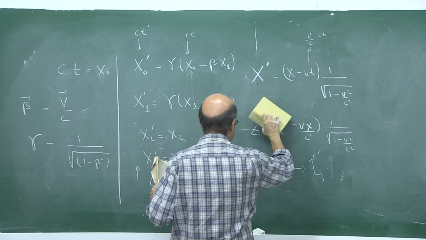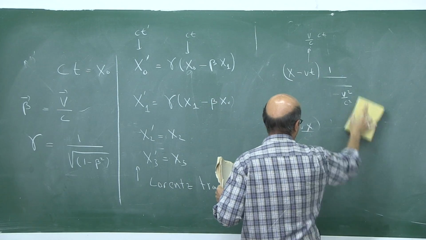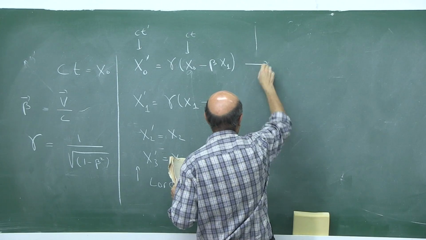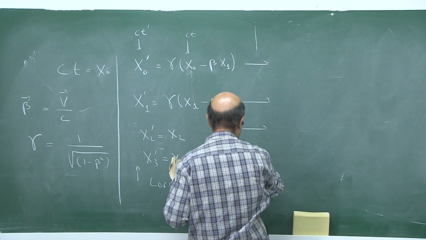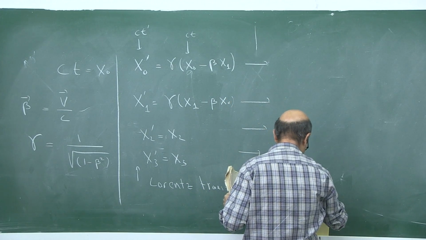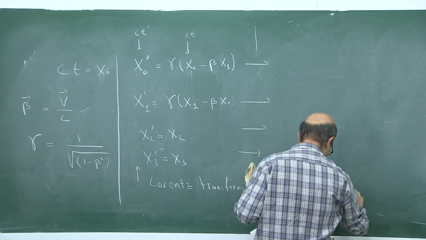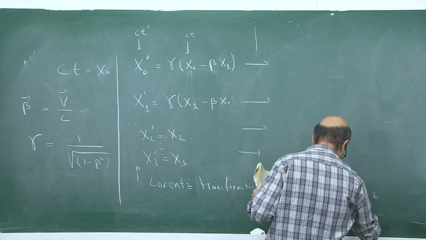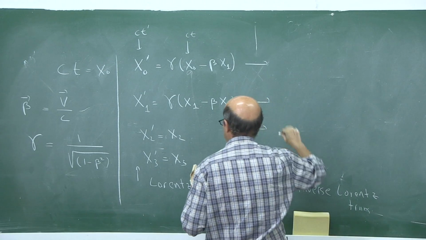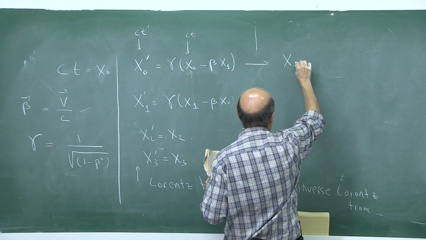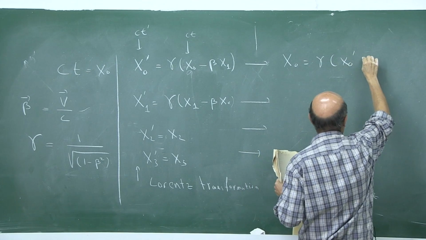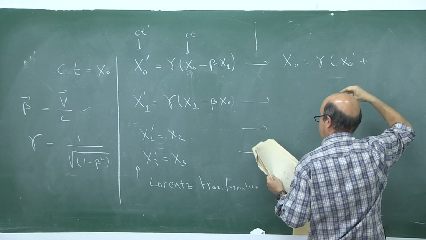So you can write the inverse Lorentz transformation easily. All you have to do for the inverse Lorentz transformation is replace the primed with unprimed and invert the direction of the velocity.